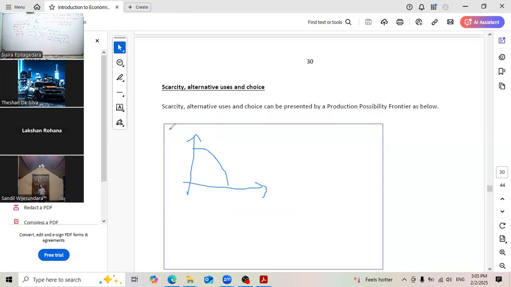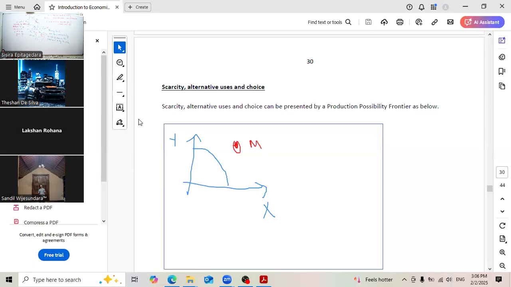What are the three? Then you can say X goods, Y goods. And there are 3 points. How to show scarcity? Any point outside the curve. Assume this is point M. M shows the scarcity. Clear?